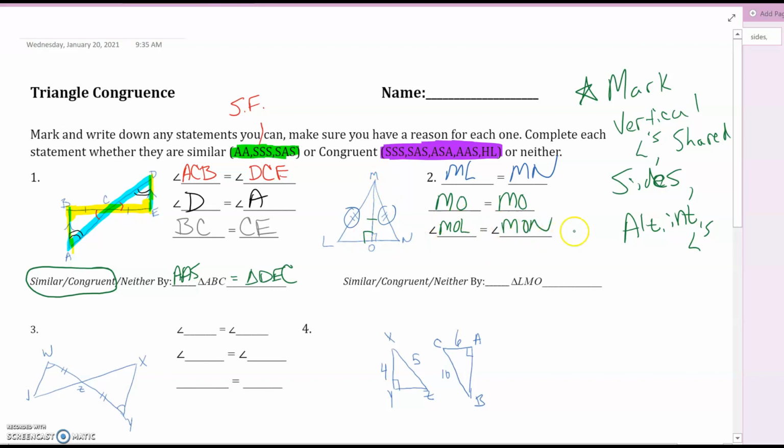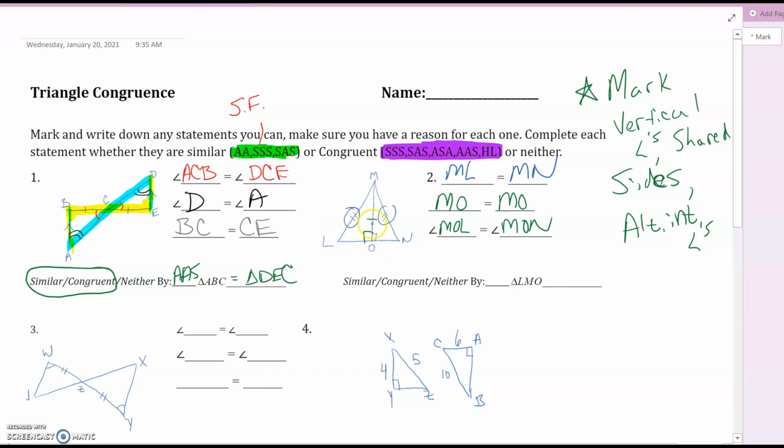Since that's an angle reference, I'm putting it with the angles. Now I'm trying to figure out my combination. I can't mark anything else. Some people have the tendency of marking these top angles or these ones. It's not vertical, and they're not alternate interior, so I cannot mark them.